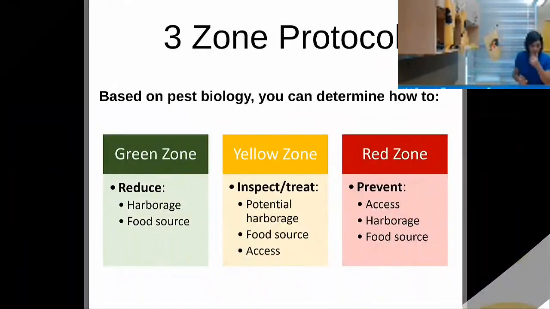3-zone protocol. Based on biology, you can determine how to reduce. In the green zone, harborage, food source, and water source. So if you have customers with a lot of vegetation outside, it's always advisable to keep ground maintenance, all the trees well cut, the grass, the ornamental plants, because they can be a resting site for flies, for mosquitoes.